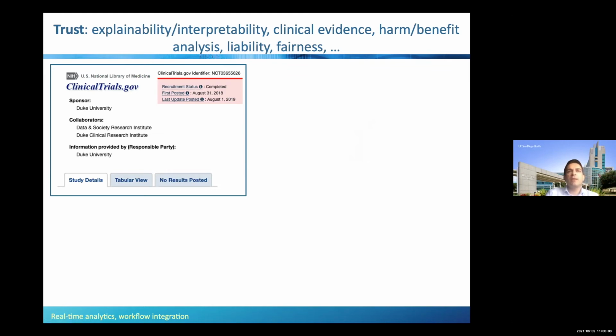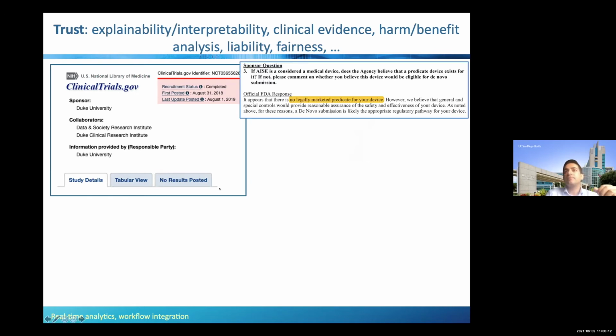There are some clinical trials, but as of very recently, there are no results posted. And when we talk to the FDA, they say there are no legally marketed predicate devices in this domain, in sepsis prediction. Similarly in other similar areas.